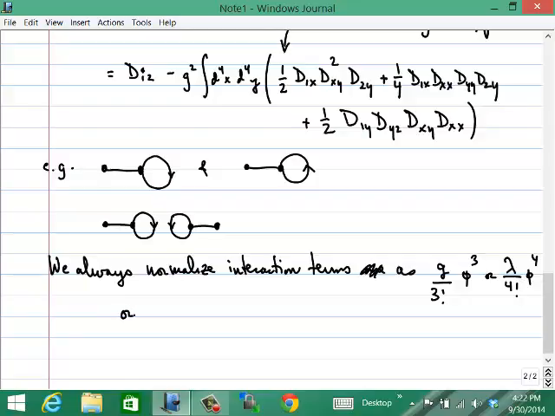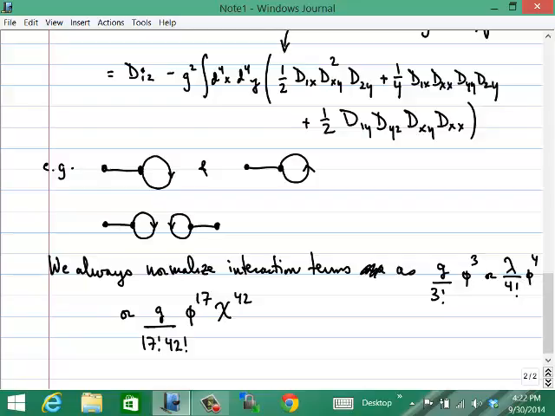Or if you have multiple fields, let's say you have a phi to the 17th and a chi to the 42nd interaction term, so 17 phis can scatter into 42 chi's, then you might have some coupling and you would divide by 17 factorial times 42 factorial.